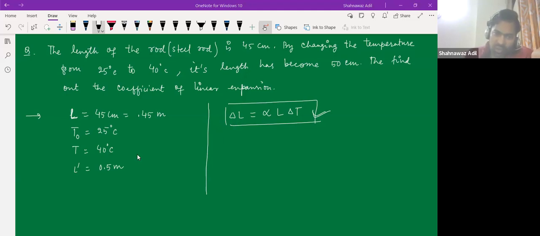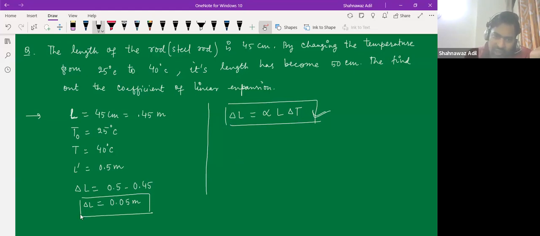So we know what the delta L would be. Delta L would be 0.5 minus 0.45. This is how much? This is 0.05, right? Then we can also calculate this delta T, right?